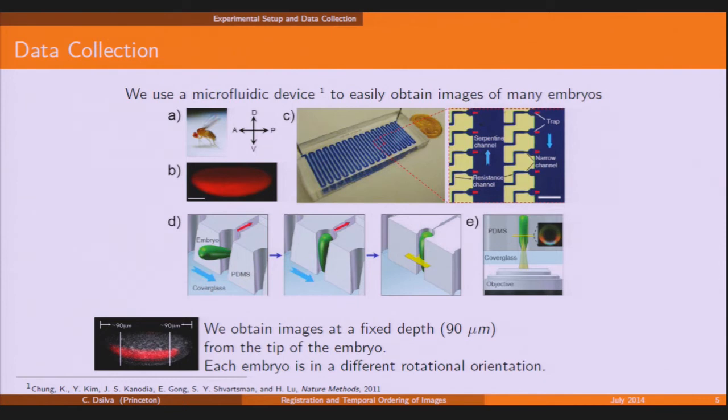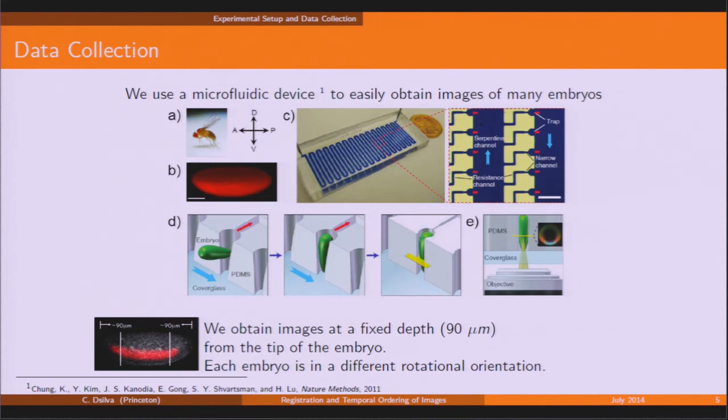Using a microfluidic device that people at Georgia Tech developed, you can collect many, many images with relative ease. Here you see a picture of Drosophila, and these are the pictures I've been showing you before. And here you see this microfluidic device. Essentially it is a long labyrinth of channels, and you flow a solution of fluid with the embryo suspended in it through these channels.